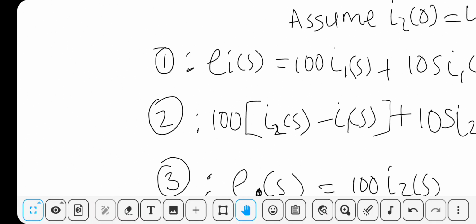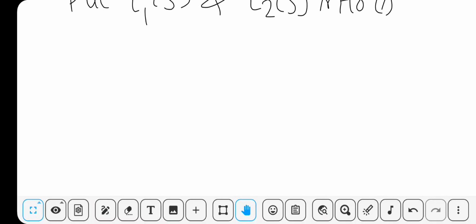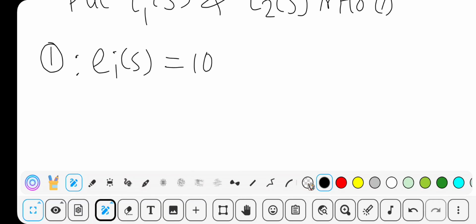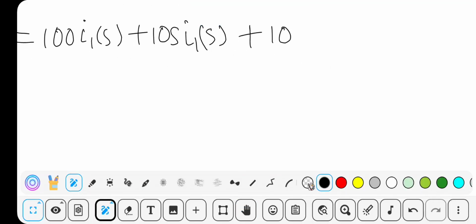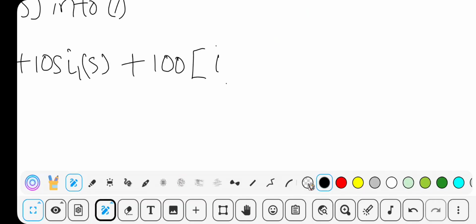Yeah, this is equation 1. Putting it into equation 1, equation 1 is equal to 100 I1 of S plus 10 S I1 of S plus 100 I1 of S minus I2 of S.